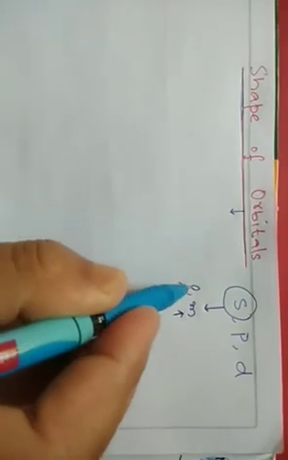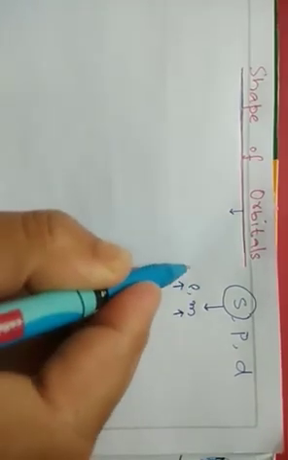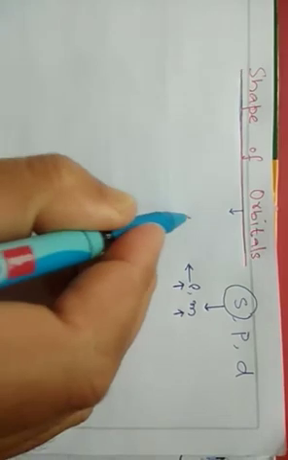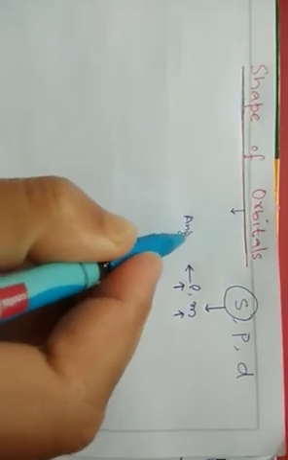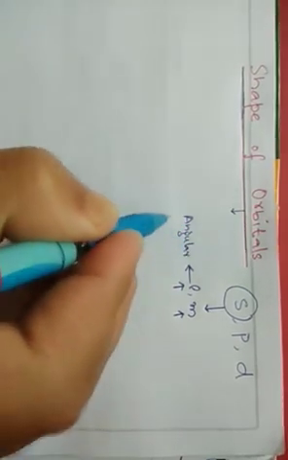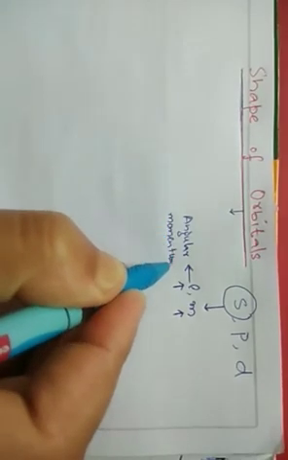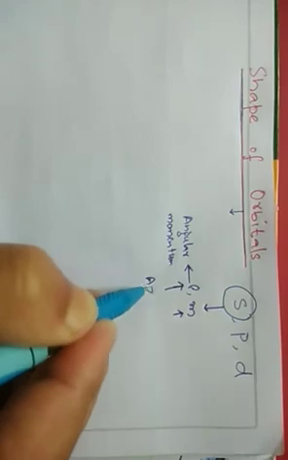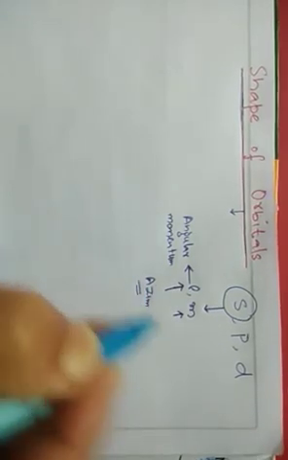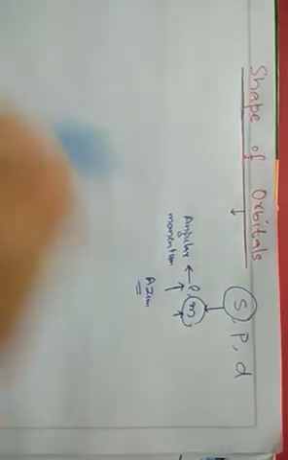L is also called as angular momentum quantum number. It's also called as azimuthal quantum number, and M is called as a magnetic quantum number.